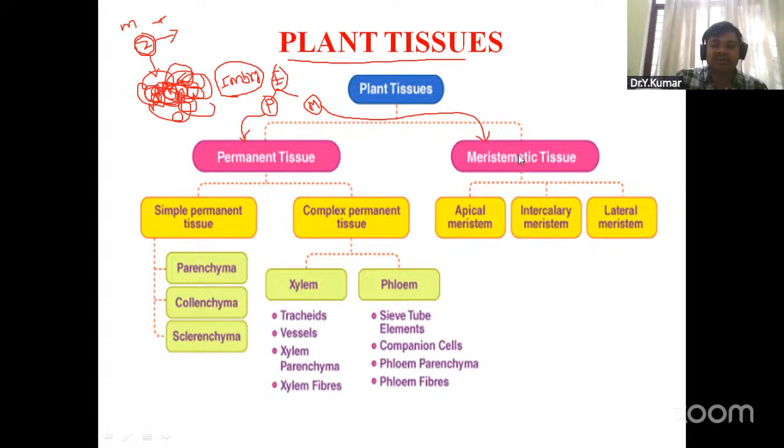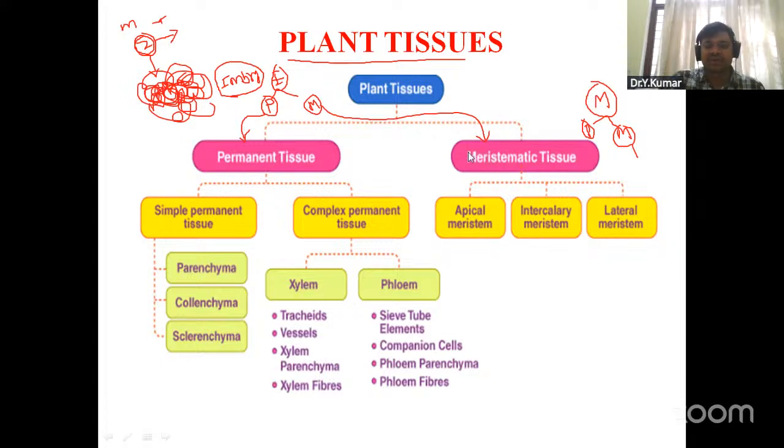But only the meristematic tissue cells divide, redivide, and form again meristematic cells and again permanent cells. This meristematic cell again divides and forms meristematic and permanent cells. Like this, a number of permanent cells are formed altogether. That is called permanent tissue, right?